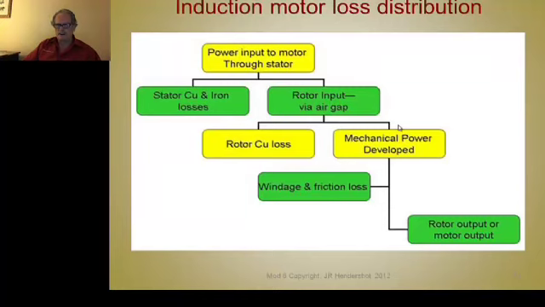Now the rotors are a little different. That depends on which of the three machines it is. The induction motor rotor has copper losses, but very little, negligible iron losses. The hysteresis synchronous motor has some eddy current losses, but not too bad. No copper losses at all.